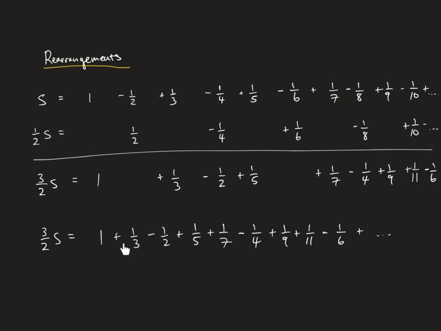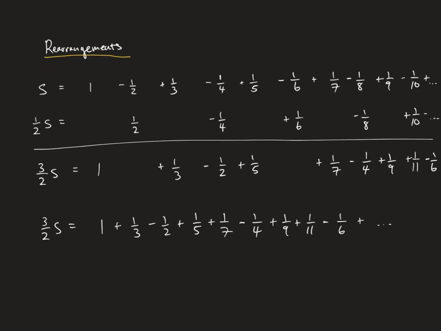Each of the partial sums of this is bigger than the partial sum of this, so maybe not unreasonable that it comes out to a different, larger sum. This series here is called a rearrangement of the first series. You just take the same summands in a different order.